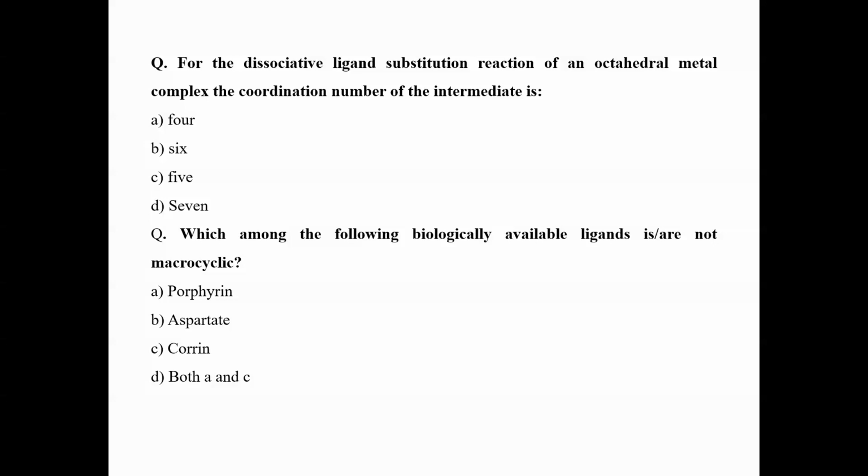In inorganic chemistry, you study more about porphyrin rings and corrin rings, like in vitamin B12, but in others, except porphyrin, the metals are attached to different amino acid units, whether aspartic acid, glutamic acid, cysteine, or tyrosine, depending upon the molecule you are talking about.